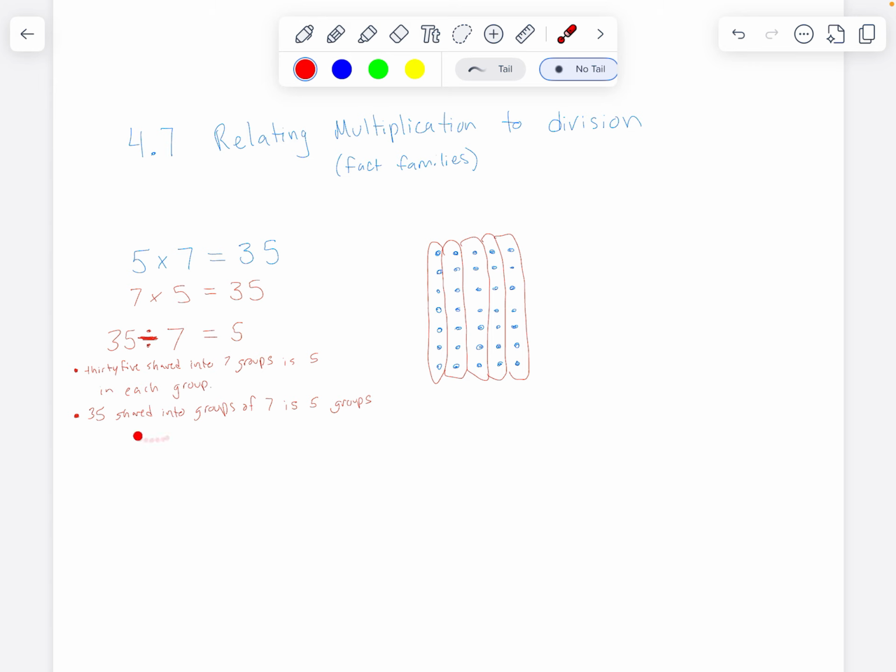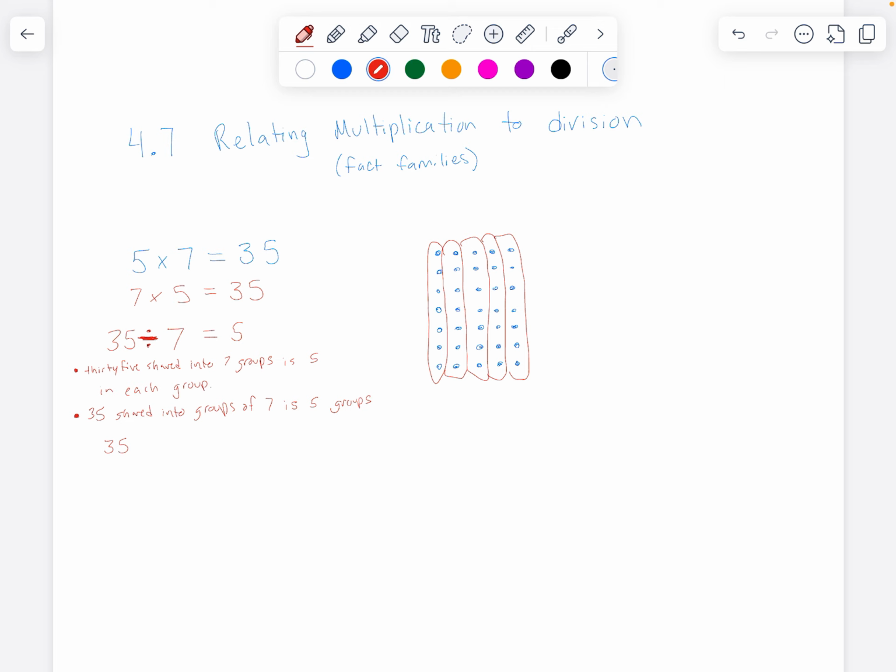You should be able to say these, right? This same expression, 35 shared into groups of 7. Do you see how I have groups of 7? And that equals 5 groups. So this same thing could say 35 shared into groups of 7, there are 5 groups. Or it could be read 35 shared into 7 groups. Remember when we had it the other way, and there was 5 in each group. So these both can be represented by this equation.